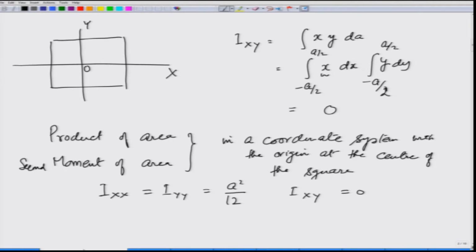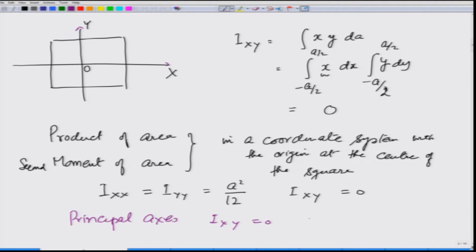Recall, in the previous lectures what we have learnt is that in the principal axes Ixy is 0, and therefore these axes shown here are the principal axes for this.